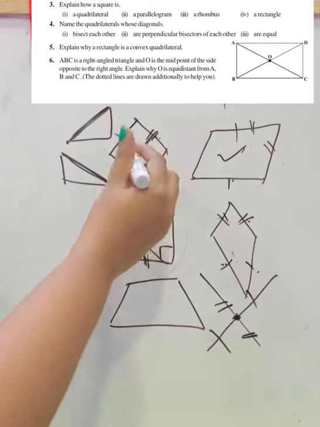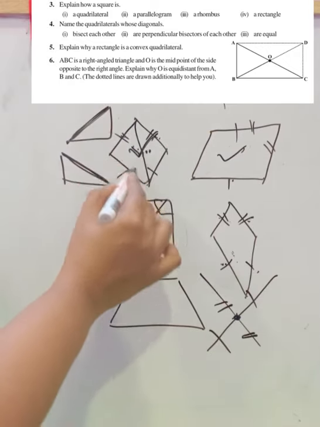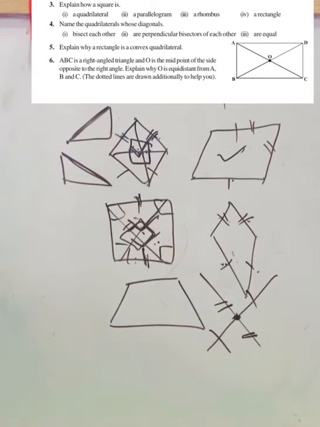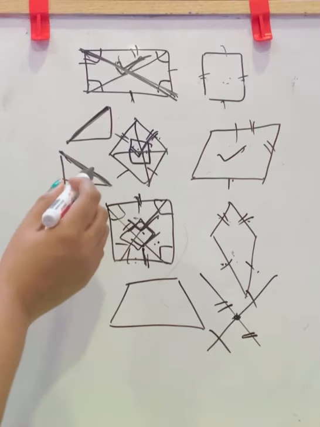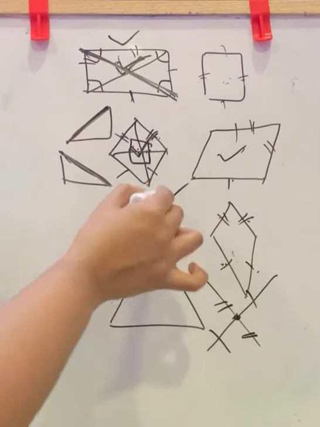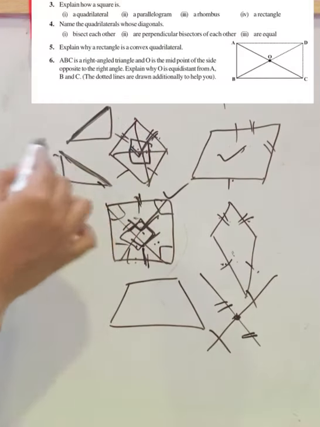We have only two, that is rhombus and square. Here the angles are 90, here also the angles are 90. Next, name the quadrilaterals whose diagonals are equal. Equal length only in rectangle and square. This rectangle and square have diagonals of equal length.